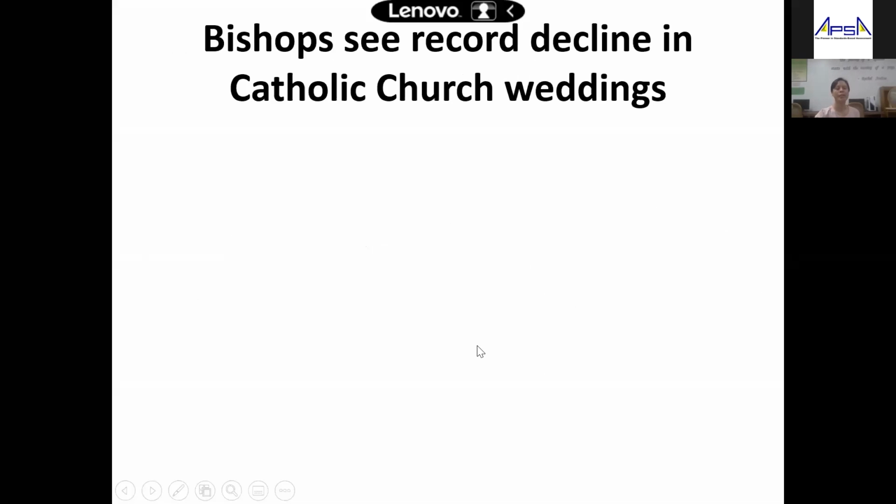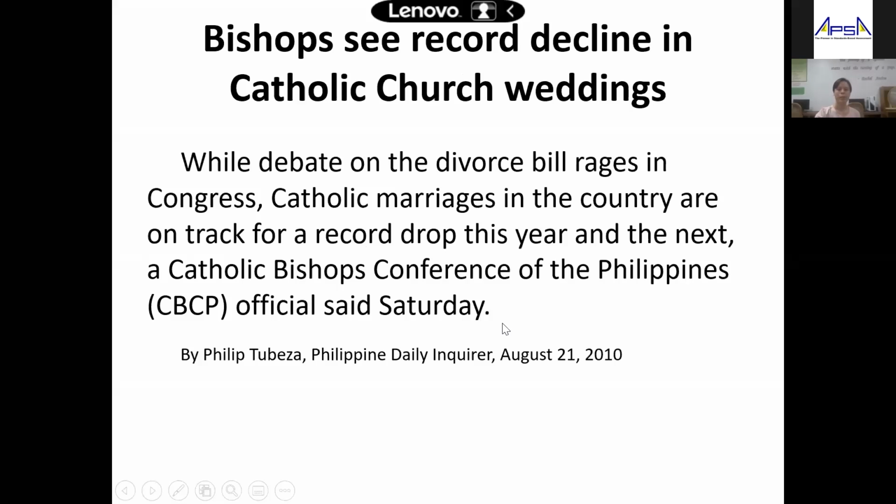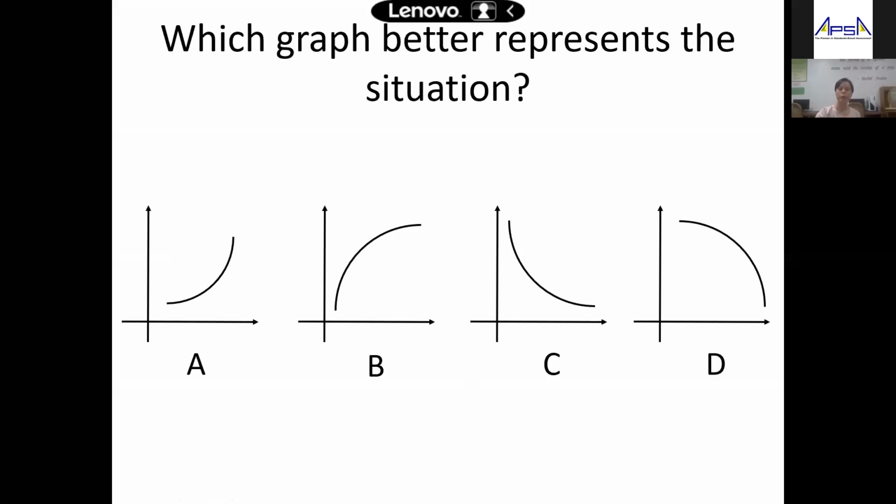Okay. Another example. Bishops see record decline, bumaba na to, in Catholic church weddings. While debate on the divorce bill rages in Congress, Catholic marriages in the country are on track for a record drop this year and the next. Okay. Record drop in Catholic church weddings. Which graph do you think can represent the drop? Record drop, mas marami na raw drop ngayon. So dati pa nagda-drop, pero mas malaking drop ngayon.